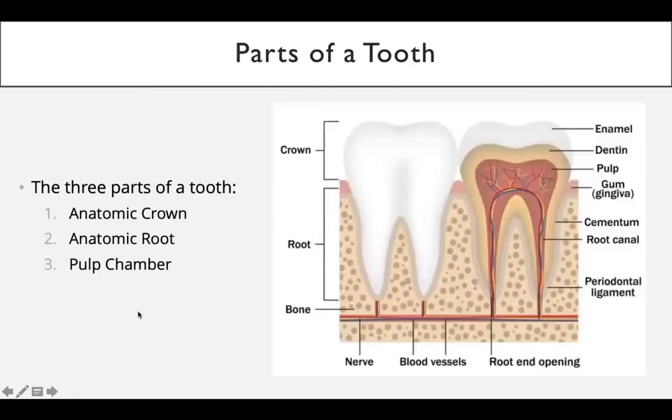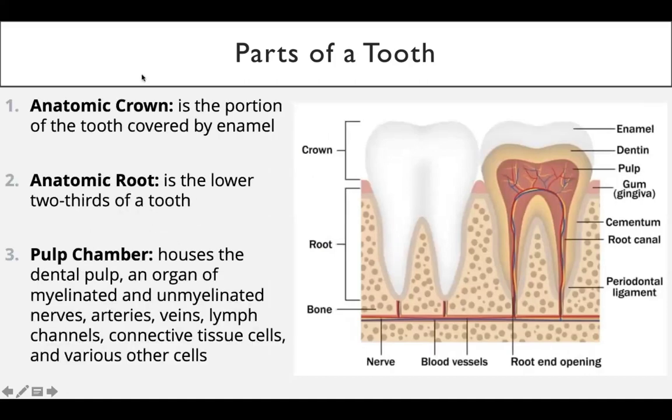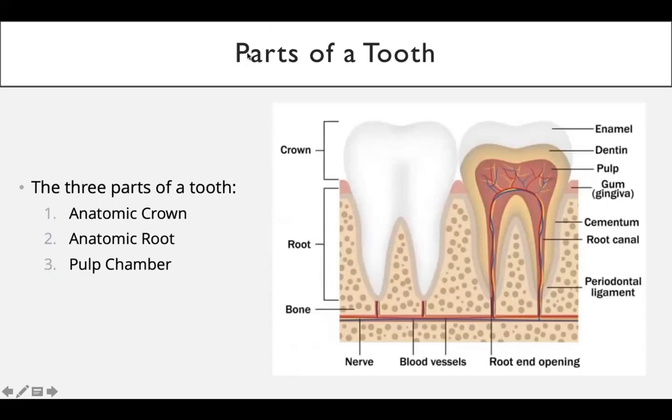Okay, no problem. Let's move to the parts of the tooth because it's easy, not because we have time, because it's easy. The three parts of the tooth are crown, root, and pulp chamber. Why anatomic crown? Why anatomic root?